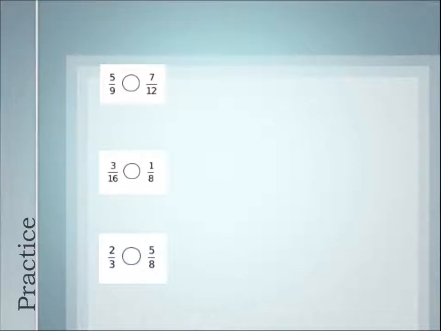We need to figure out a common denominator for 9 and 12. One thing you can do is start counting by your largest denominator. So here I'm going to start counting by 12. So I'm going to ask myself, is 12 a multiple of 9? No. So let me try 24. Can I multiply 9 times anything and get 24?